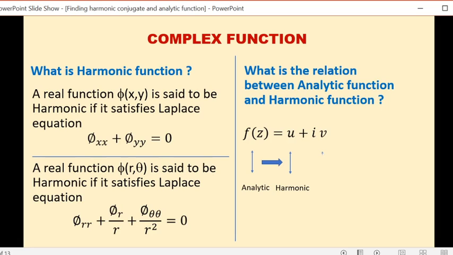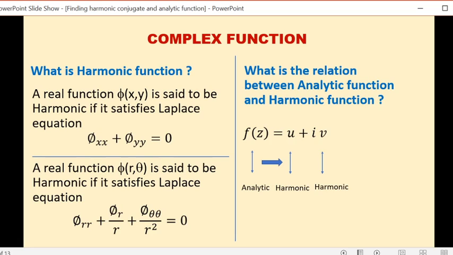There is one more property which says that if your function f of z is analytic, then its imaginary part, when I say imaginary part, I am talking only about v. V is a real function, right? That is also harmonic.